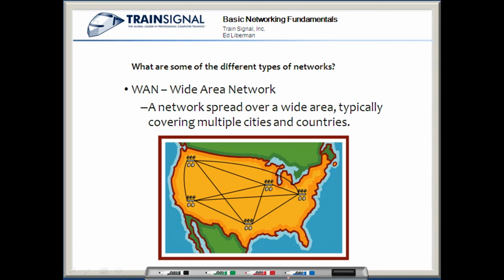So here you can see that we have a company that has 5 different offices, right? 1, 2, 3, 4, 5 offices spread out around the United States, and you'll notice that there is a line of communication going from each office to all other offices. So it's really kind of all one big network spread out, and therefore it is a WAN, a wide area network.